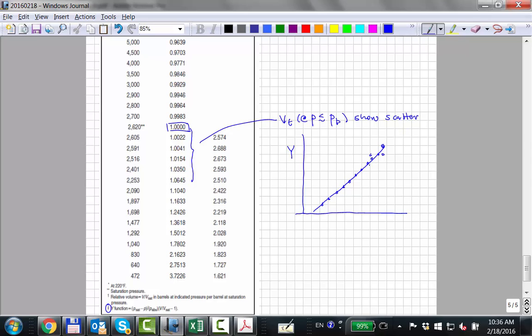So these data that are off trend, you can correct them. Okay, but the amount of correction is not big. It's not a big deal, because we don't usually use these data directly. In the old days, you might use those data directly in your engineering analysis. Today, we don't use them directly.